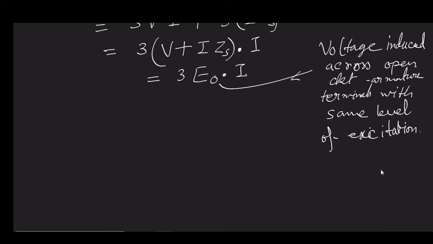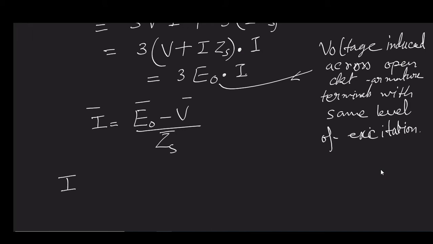Now also what we can write, like another definition of I, we can write it like E naught minus V by ZS. Now this is all phasor.